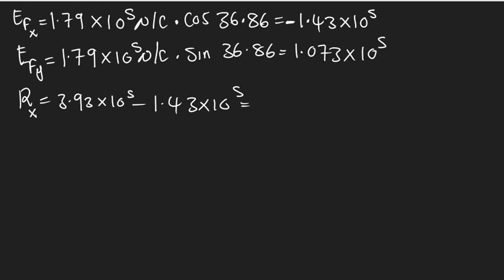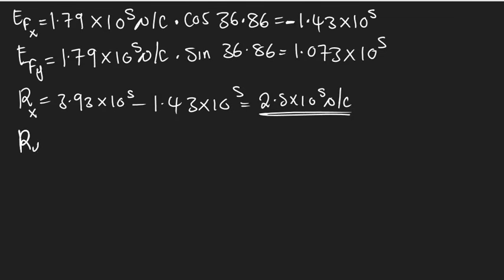What are we going to have? 3.93 multiplied by 10 to the power 5 minus 1.43 multiplied by 10 to the power 5. We're getting like 2.5, so 1, 2, 3, 4, 5. This is going to be like 2.5 multiplied by 10 to the power 5 Newton per Coulomb. So this is what we are going to use as the final.